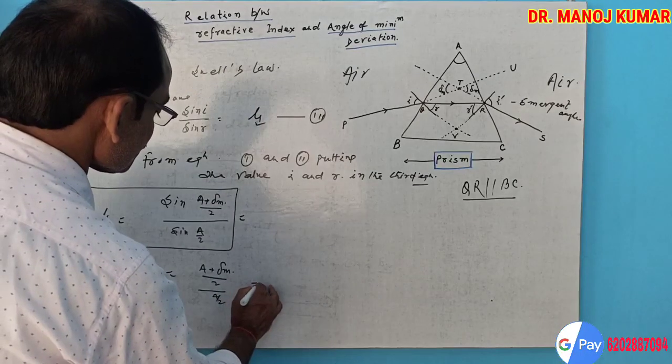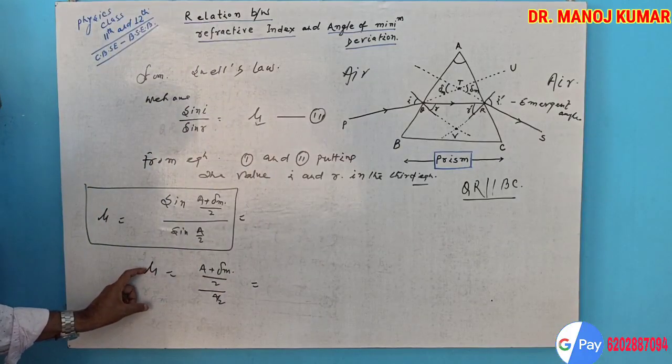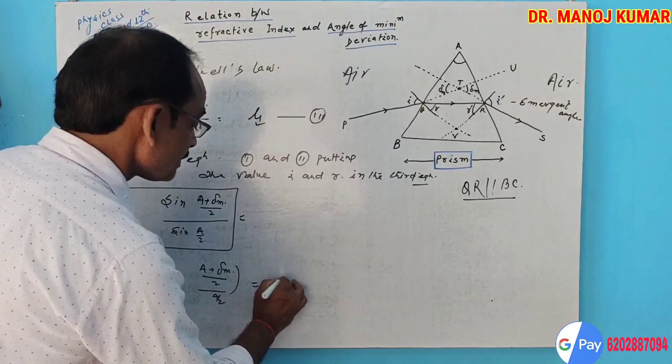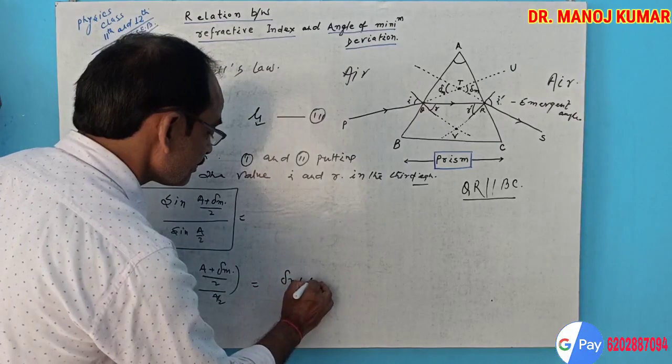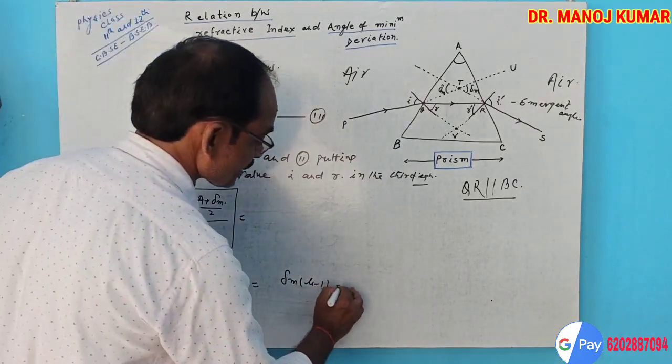That can be also written, this relation can be also written as del m, mu minus 1 equal to a.